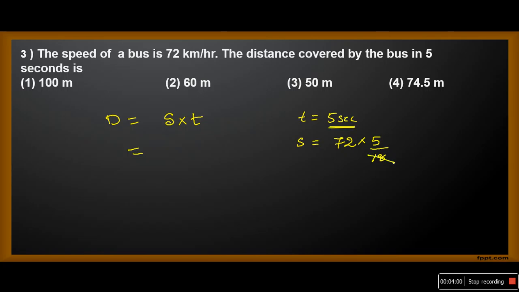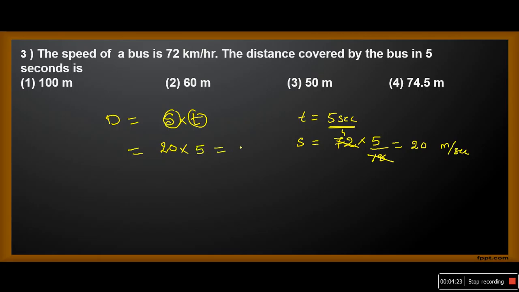Okay, 18 ones, 18 fours, 4 5s are 20. So the speed of the bus is 20 meter per second. Now distance traveled in 5 seconds. What is the formula? Speed into time. Here speed is 20 meter per second and time is given in 5 seconds.